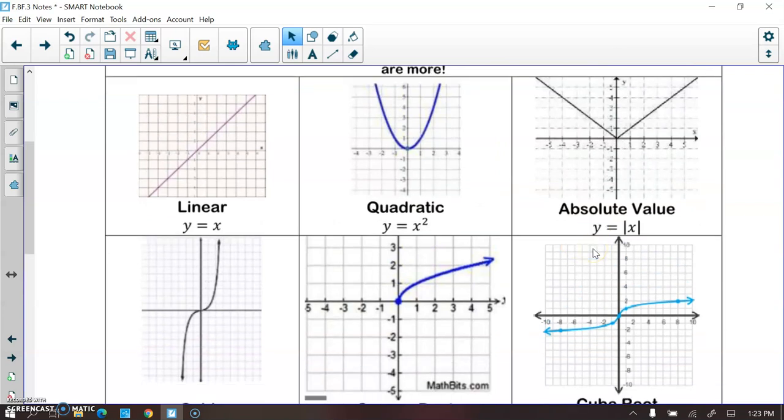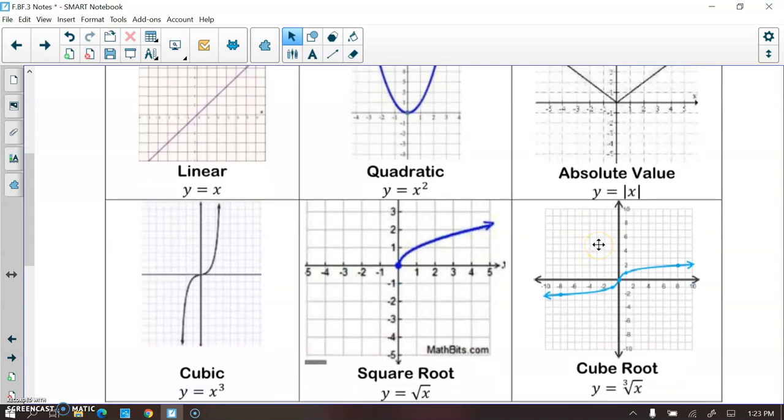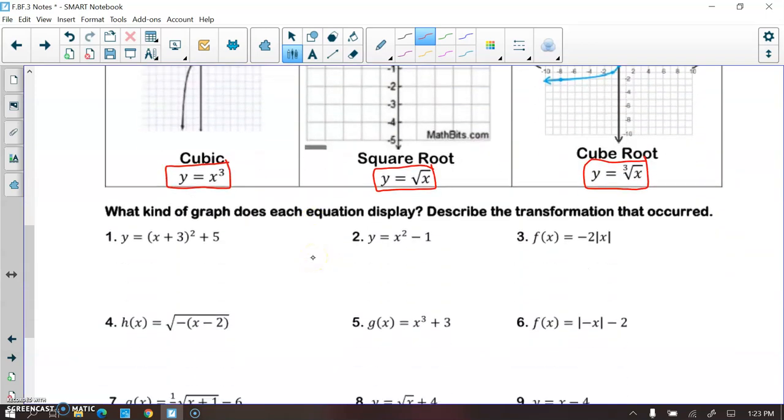We will need to know the shapes of the graphs in level 4. For this lesson, what I want you to know is the equations of each of these functions, because that's what we will be writing and looking at down below.